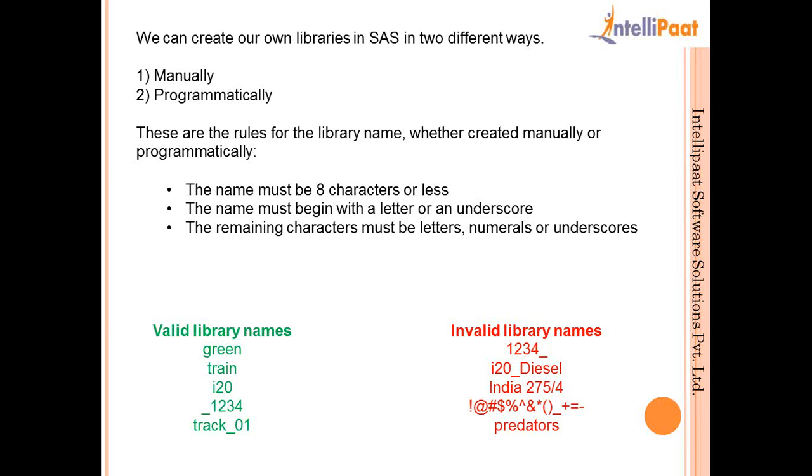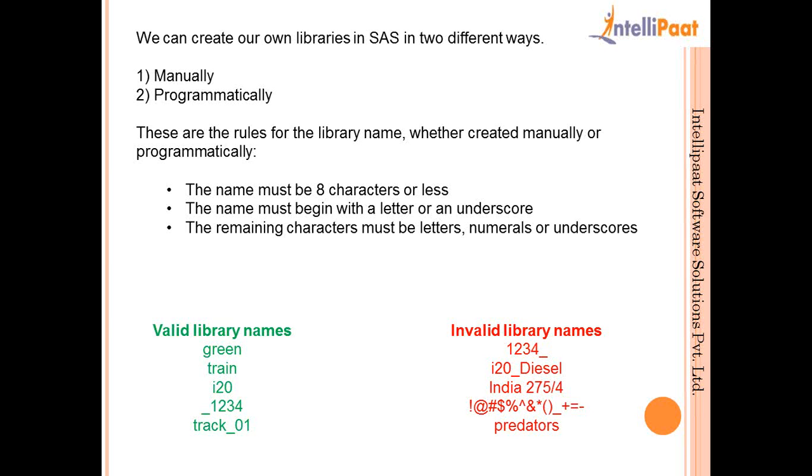As I said, a name cannot begin with a number, which is why 1234 is not a valid name in the invalid list. Then I-20 underscore diesel, India 275 slash 14, and a lot of special characters. Most of them have a length of more than 8 characters, and the third name, India followed by a space, is invalid too. A library name cannot accept spaces, and it should not be more than 8 characters.